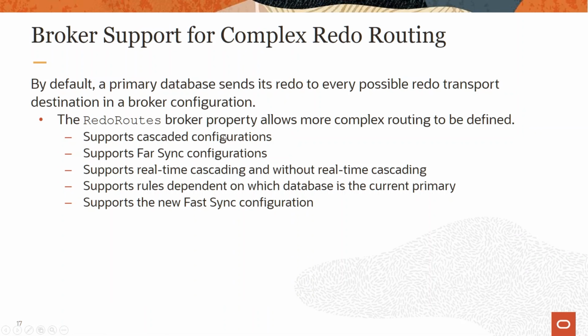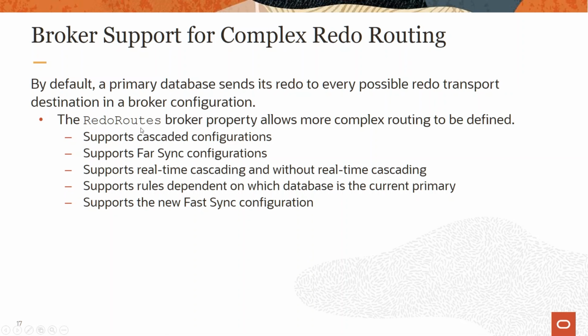Now, let's define the redo transport service rule. We can use the log_archive_dest parameter, or you can use a Data Guard broker database property. But in order to define a more complex redo transport service path, you can use the RedoRoutes broker property.